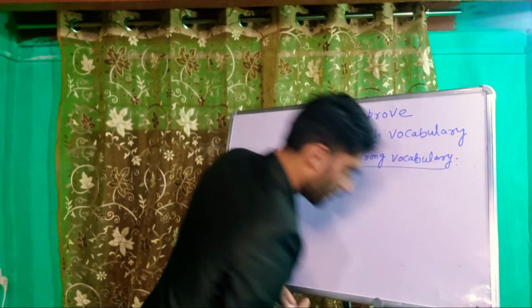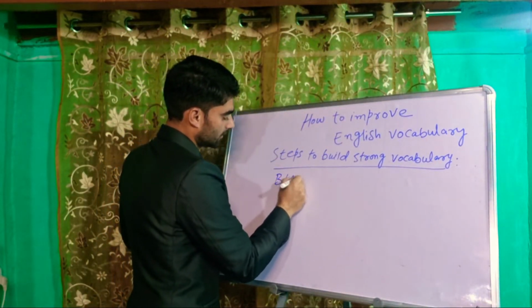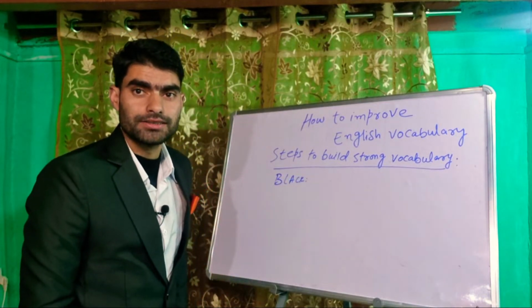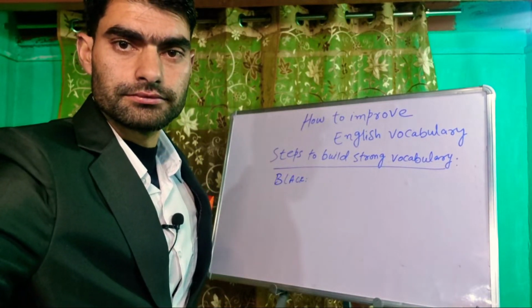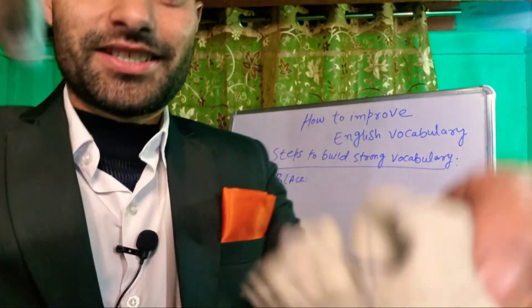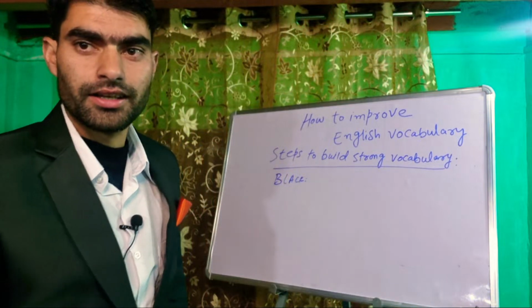Okay. Black. What is the antonym for black? White. Very good, Mr. Hamid Wani. Mohammed Usman Wani. Good.